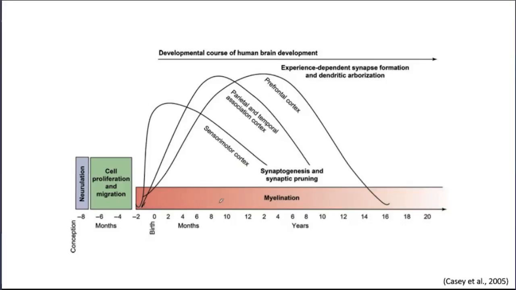In the first few months, the number of synapses goes up and skyrockets. You can see that they go up in the first few months of life after birth, and then they start to go down.